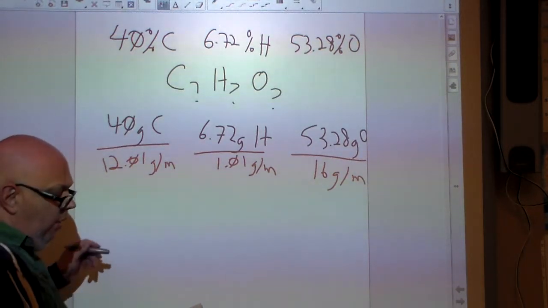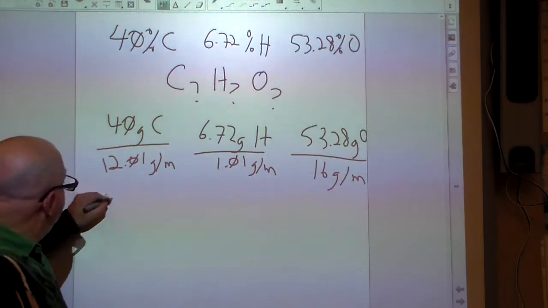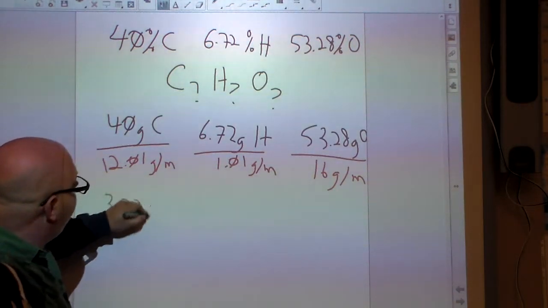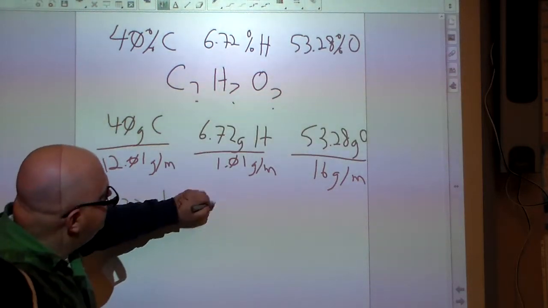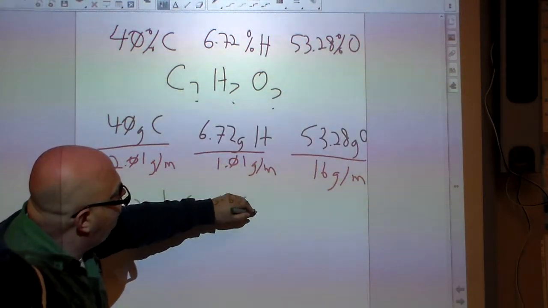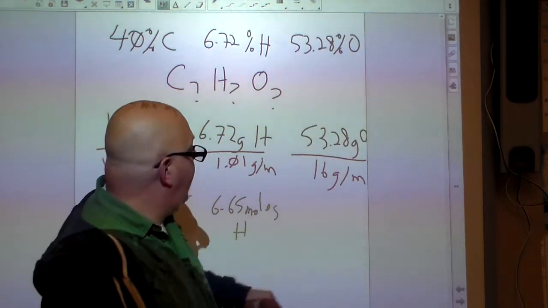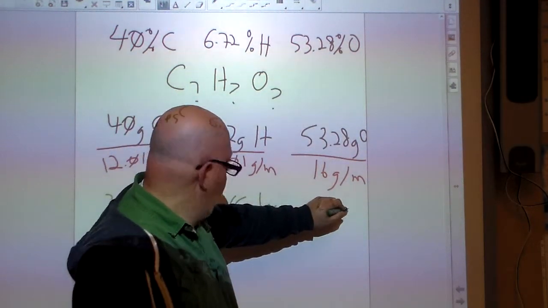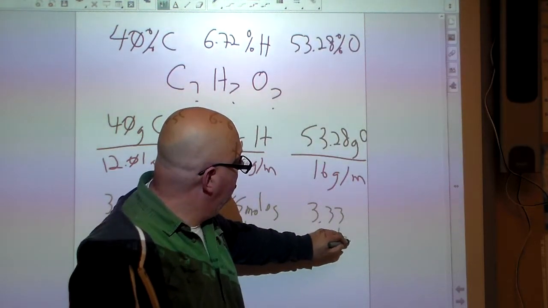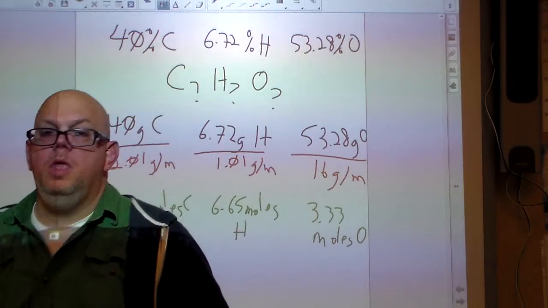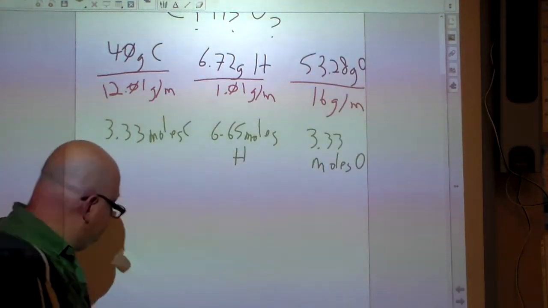So right now, what we've got is 3.33 moles of carbon, 6.65 moles of hydrogen, and 3.33 moles of oxygen.